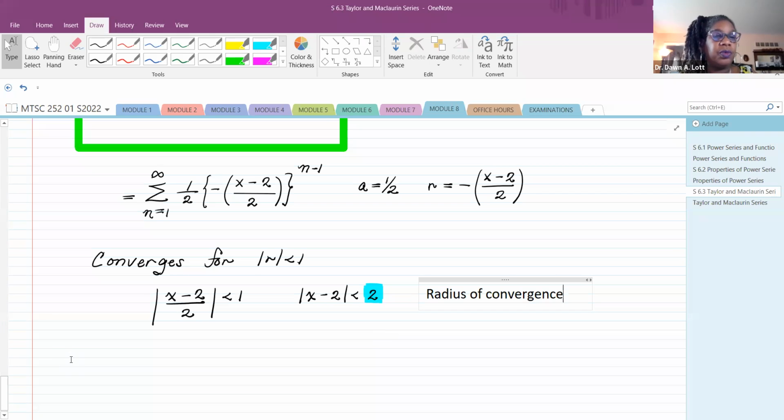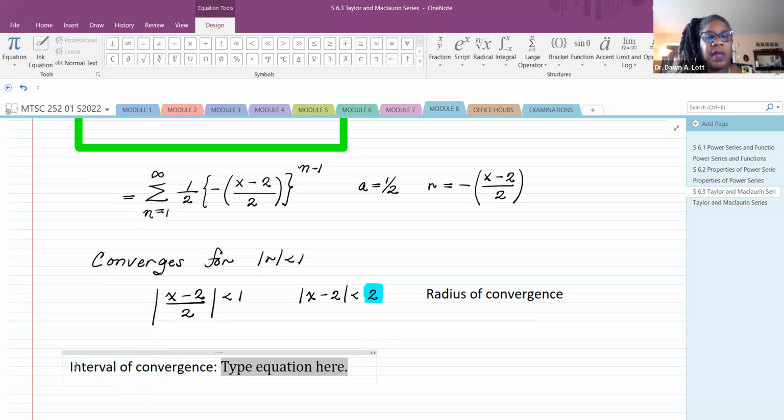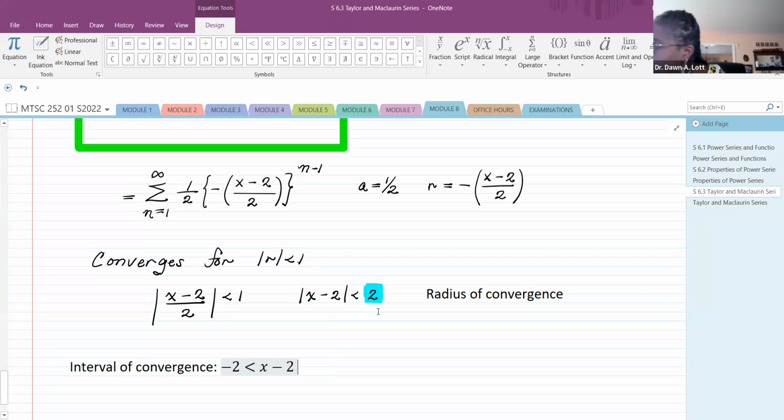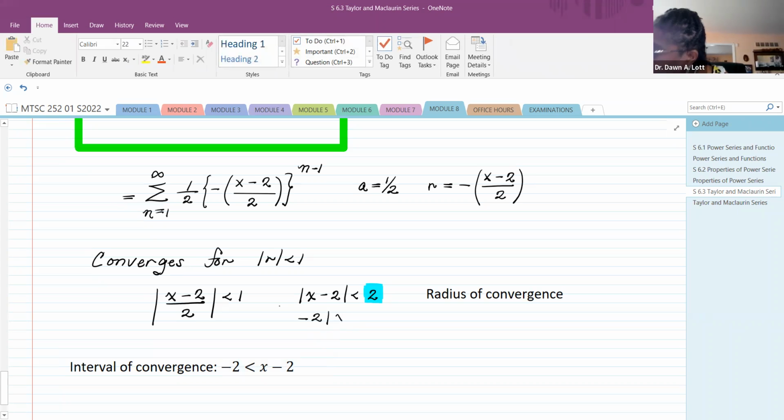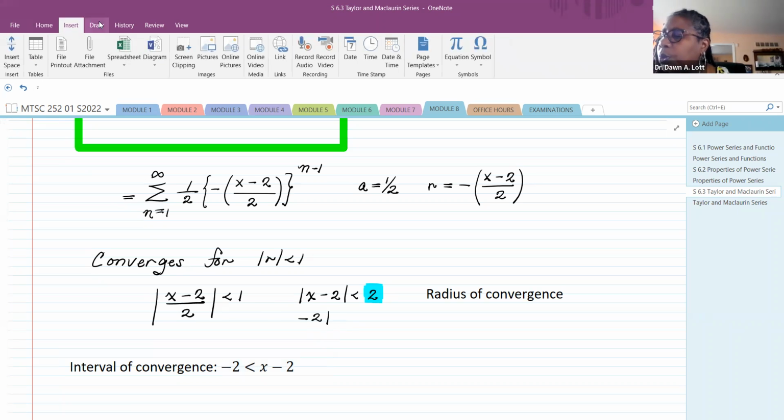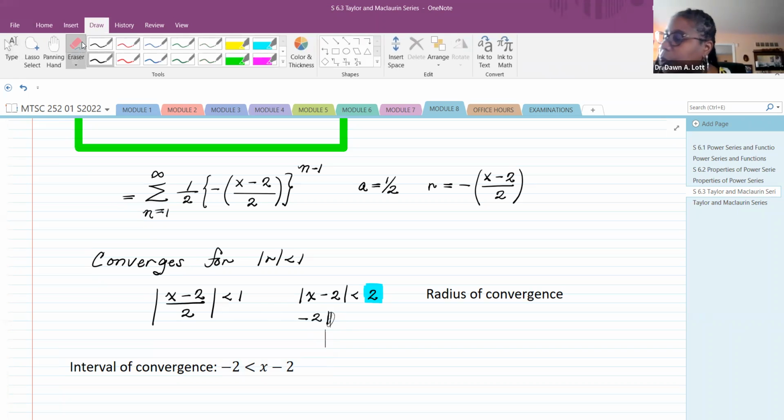And I can do the interval of convergence. That is -2 is less than x minus 2. Actually, let me simplify it first. So I have -2 is less than x minus 2 is less than 2.